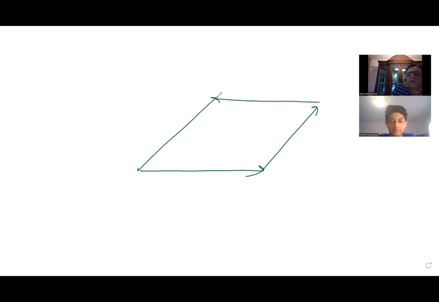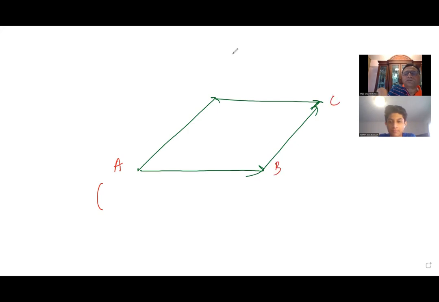Okay. So let me sketch one and you tell me the values. We'll try to figure this out. Let us say we are given a parallelogram. Let's say this is a parallelogram. Let's say A is what?